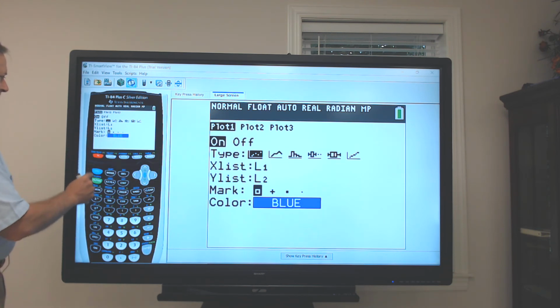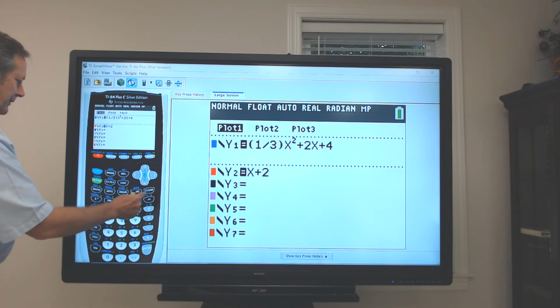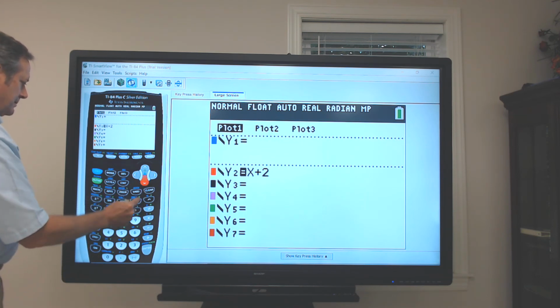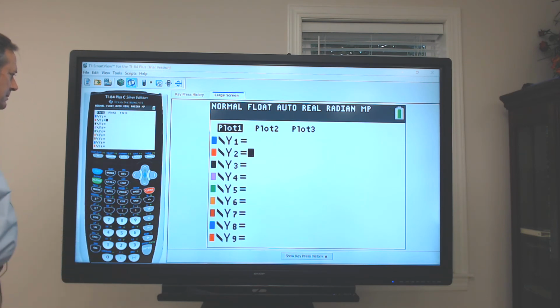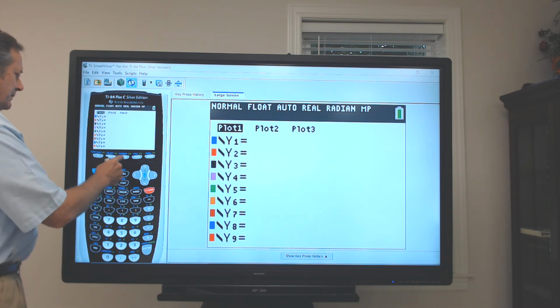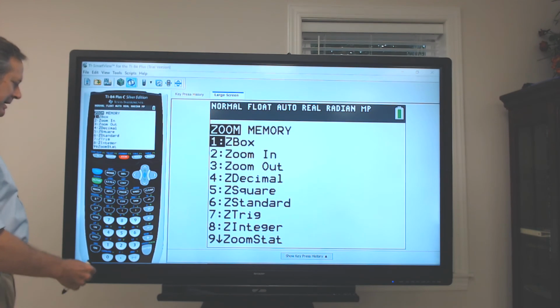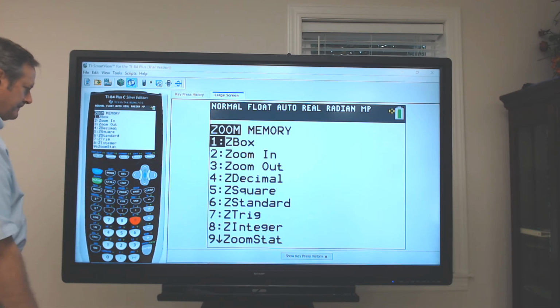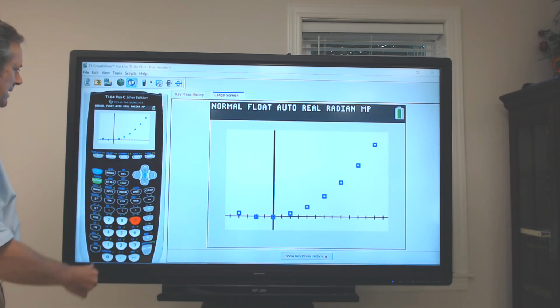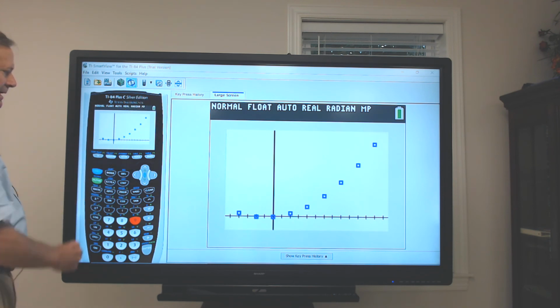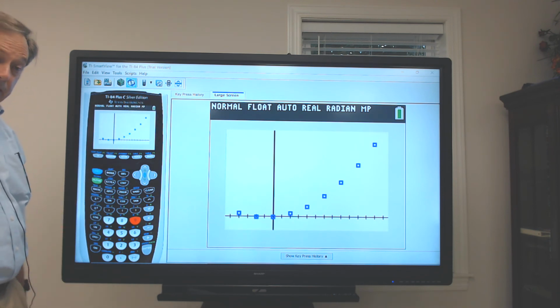Go to the y equals menu and clear out anything else that was there. And now we're ready to plot the scatter plot. Go to Zoom 9, Zoom Stat. All right, sure enough, we see part of a parabola there, so we're ready to do a quadratic regression.